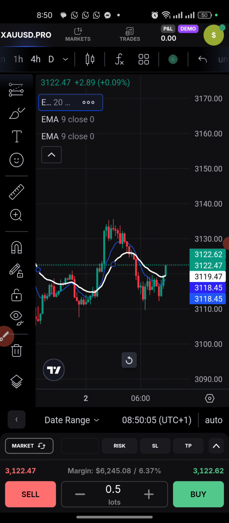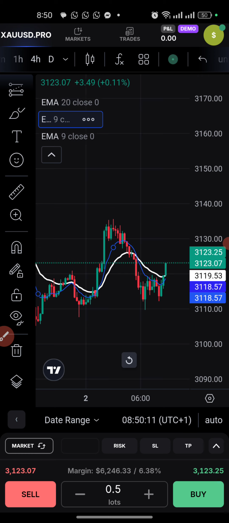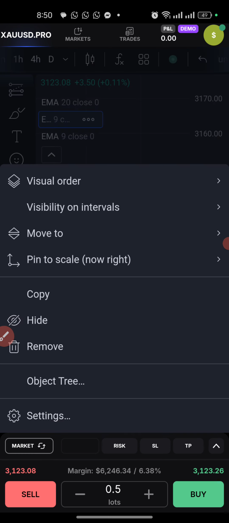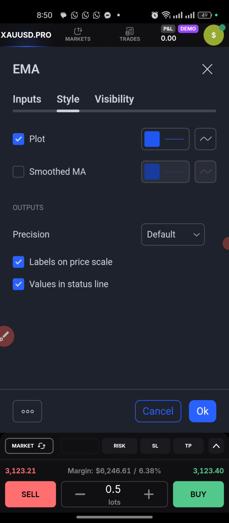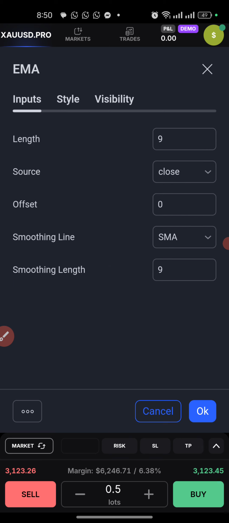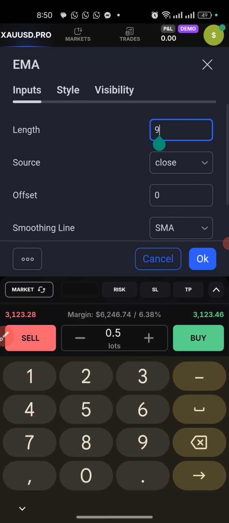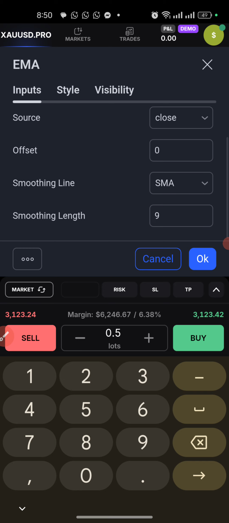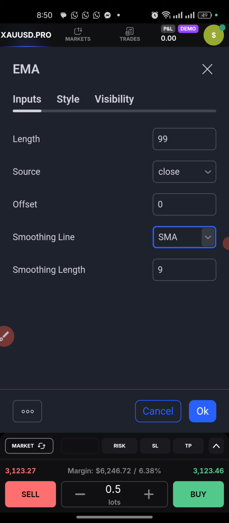Next I want to do the same for 99 and then for 200, and then I'll come back to explain further. So let's quickly do it for the 99. We come to inputs where you have length. The length we want is 99. The smoothing line we change from SMA to EMA.